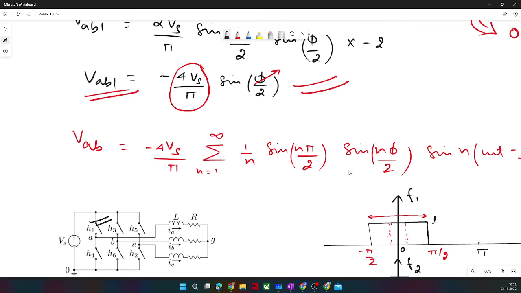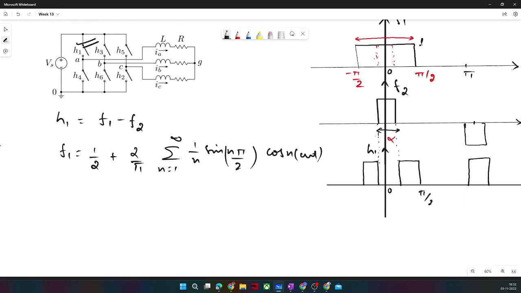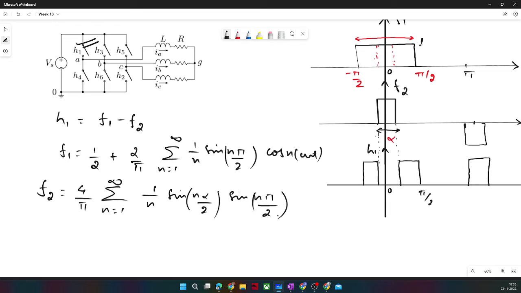So F2 is 4 by pi, n is equal to 1 to infinity, 1 by n sine n alpha by 2, sine n pi by 2, sine n omega t minus pi by 2 with minus sign.